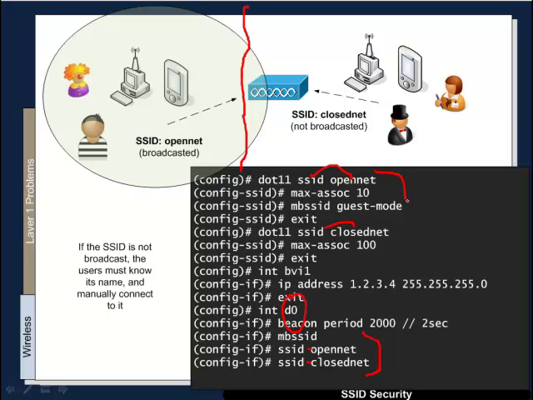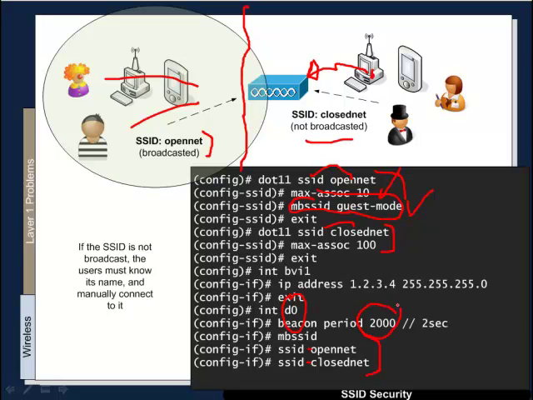OpenNet is seen as a guest mode with the maximum number of connections as 10, and then this one will actually be broadcast so that users can see OpenNet. In this case, CloseNet will not be broadcast, so only users which already have the SSID connection inside the machine will be able to connect to the AeroNet.